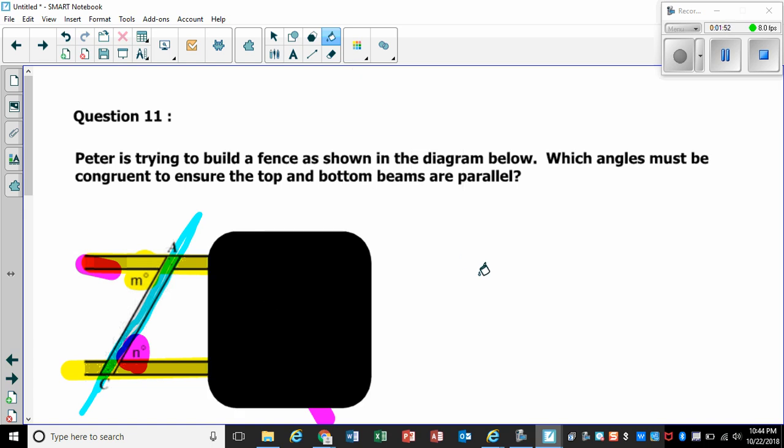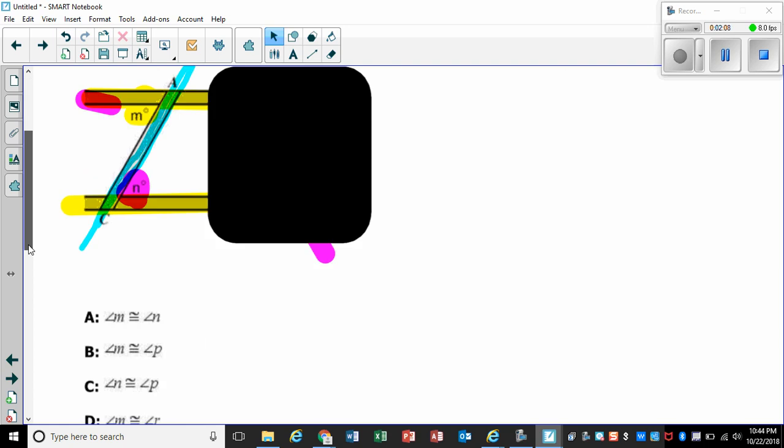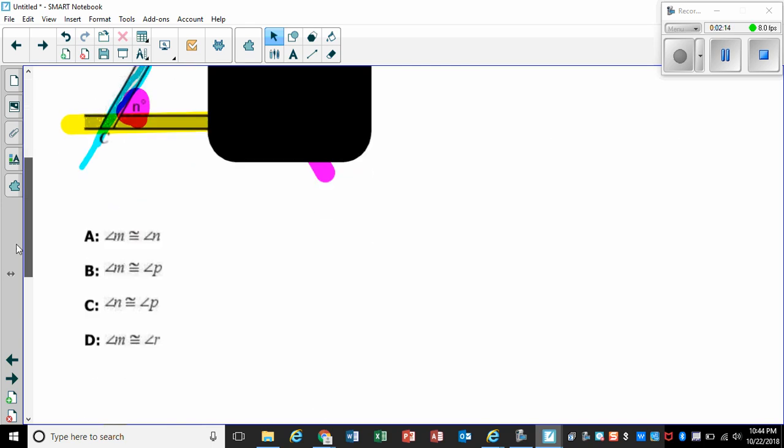Looking at this, M and N are the two angles given here. Knowing those two are congruent would help us prove that the two lines are parallel. But is it given that M is congruent to N? Yes.